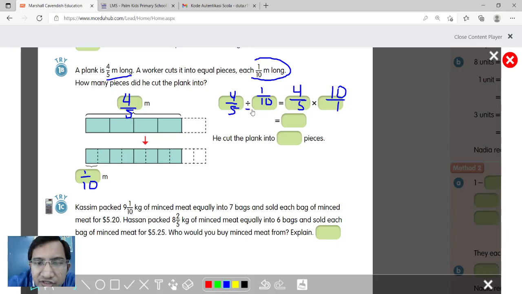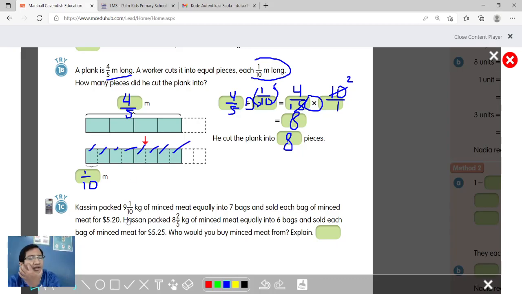Remember, when you change division into multiplication form, you switch the numerator with the denominator. Switch means swap, class. So now we have 5 divided by 5 is 1. 10 divided by 5 is 2. So 4 multiplied by 2 is 8. So he cut the plank into 8 pieces, which is shown in the picture 1, 2, 3, 4, 5, 6, 7, 8. Now you can do try 1C with your calculator. By using the calculator, you will find the answer.